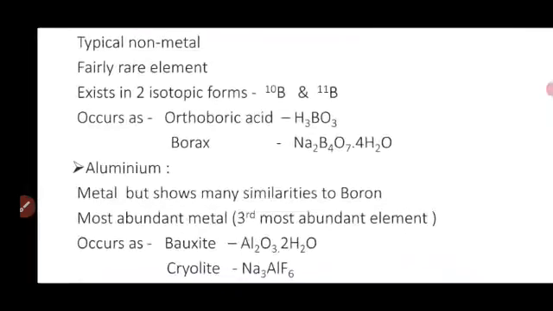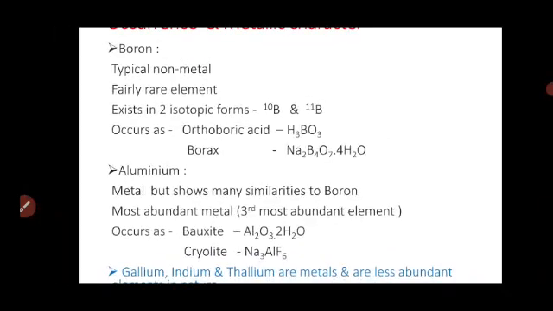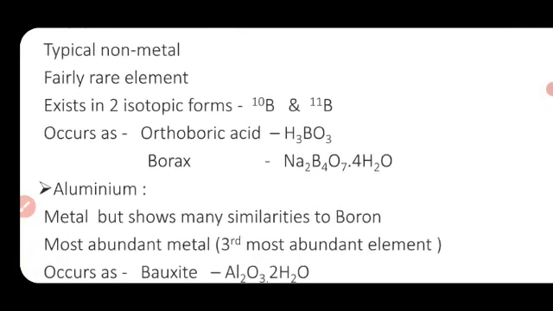Okay, so boron is typically a non-metal, a fairly rare element, and it exists in two isotopic forms, that is 10 boron and 11 boron. I hope you know this 10 and 11 is the atomic mass number, whereas the atomic number for boron is 5.